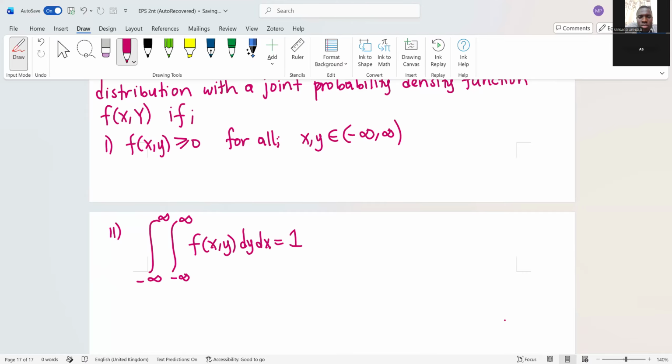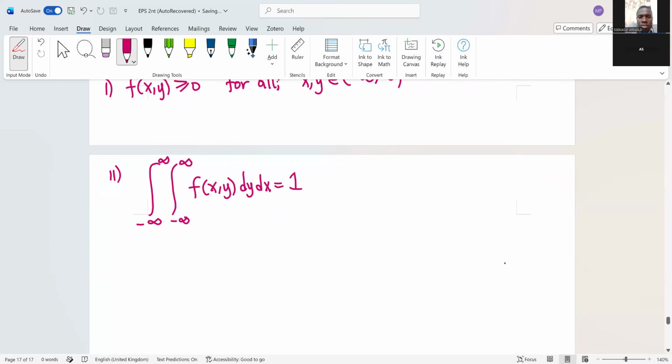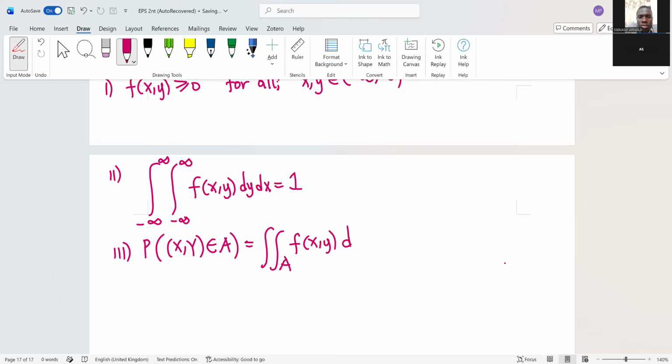Then property 3 is that the probability that (x, y) is within a particular subset of the Cartesian plane is the same as a double integral of f(x,y) over that region, dx dy.